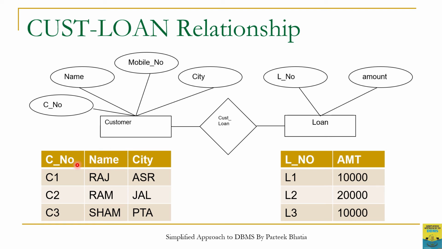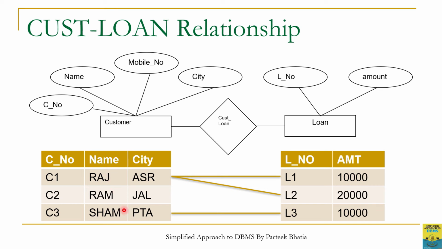For simplicity, I am only indicating three attributes of customer, that is C number, name and city, while loan has loan number and amount. You can clearly see the relationships between customer and loan. This indicates that C1 has taken two loans L1 and L2, while loan L3 has been taken by customer C3. Customer C2 has not taken any loan.